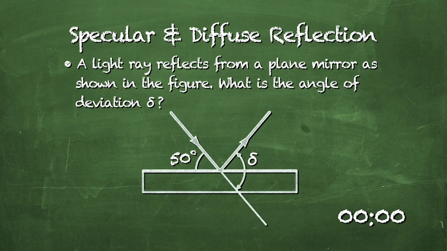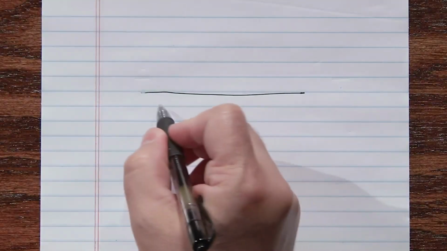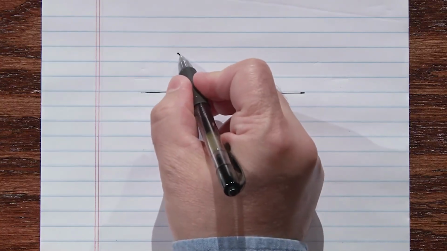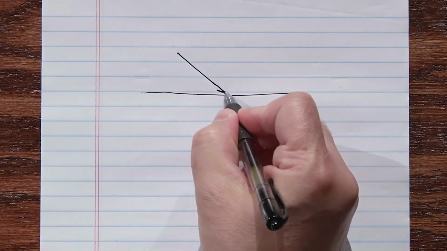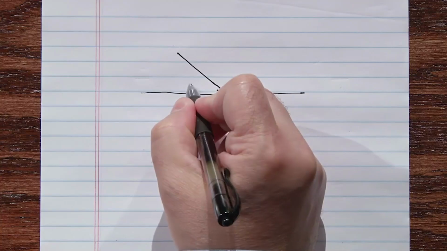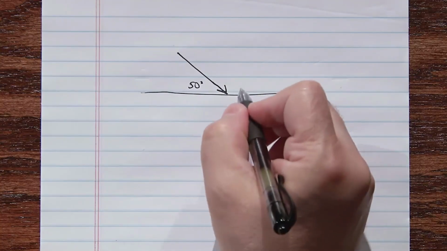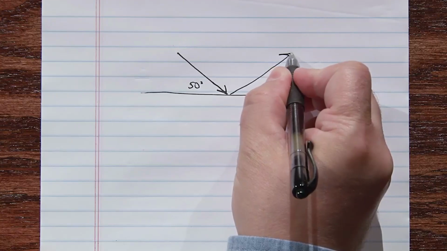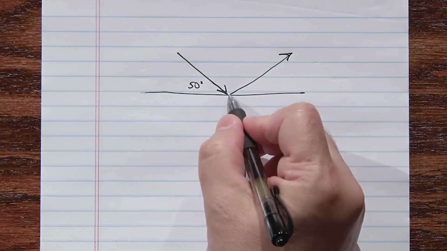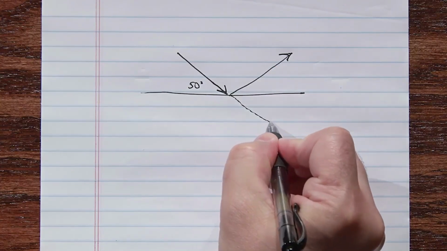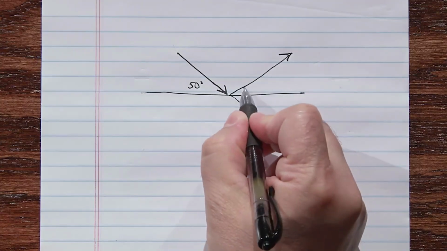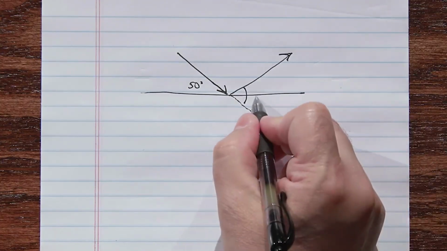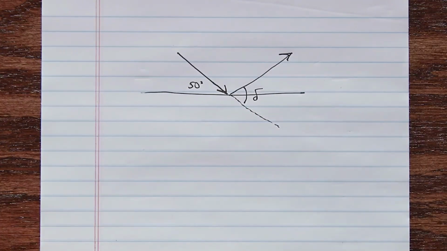Okay, here's our diagram. Here's our incident light ray. And we're told that this is a 50-degree angle and the light bounces off. But we were asked to find the deviation from the original direction of travel of the light, and that's called delta.